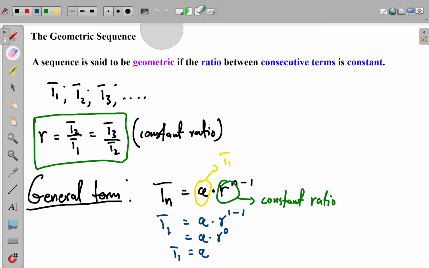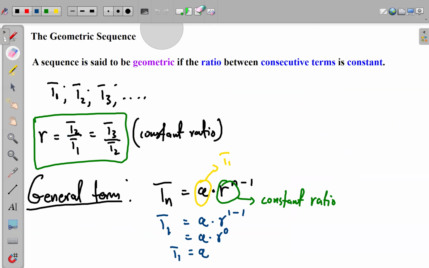We have established so far that the general term of a geometric sequence is given by the formula Tn is equal to A times R to the n minus 1. We have established then that A is basically the first term, very similar to the arithmetic.